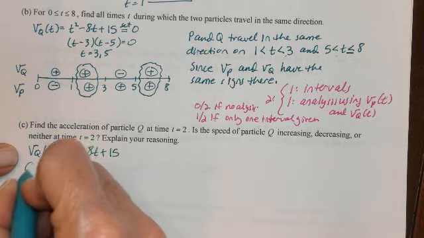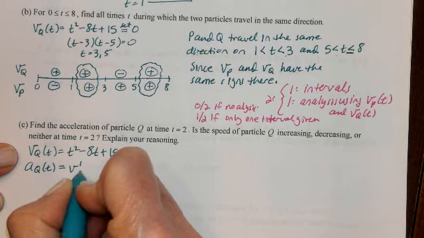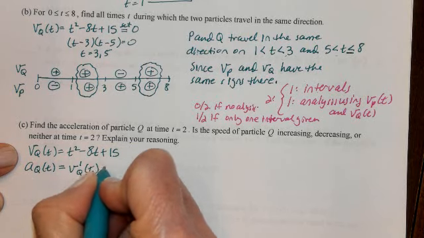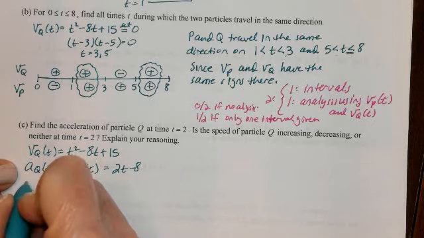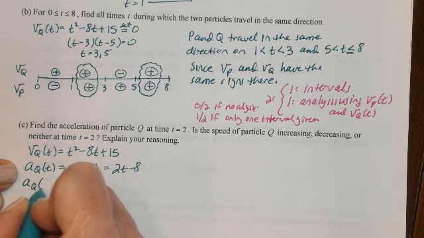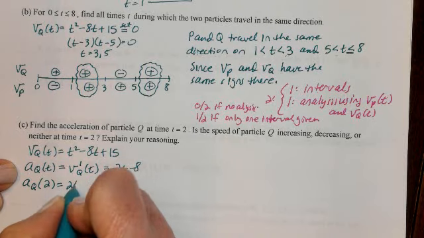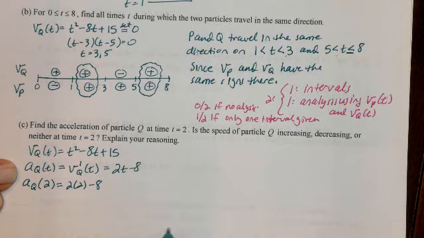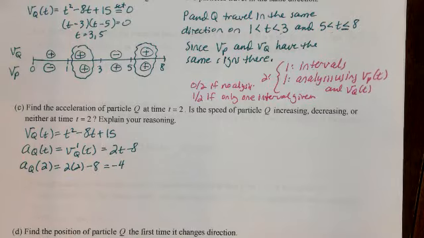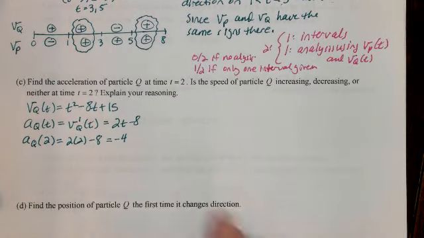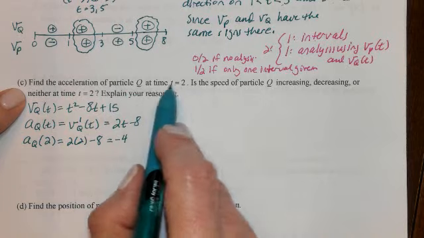The acceleration of q is the derivative of the velocity, which is 2t minus 8. So the acceleration of q at time 2 will be 2 times 2 minus 8. You can safe stop there, or you can take a risk and call that -4. So that answers the first part of this problem.